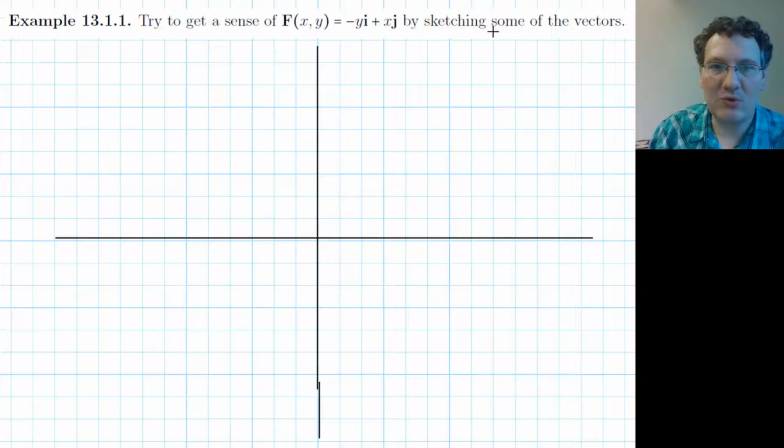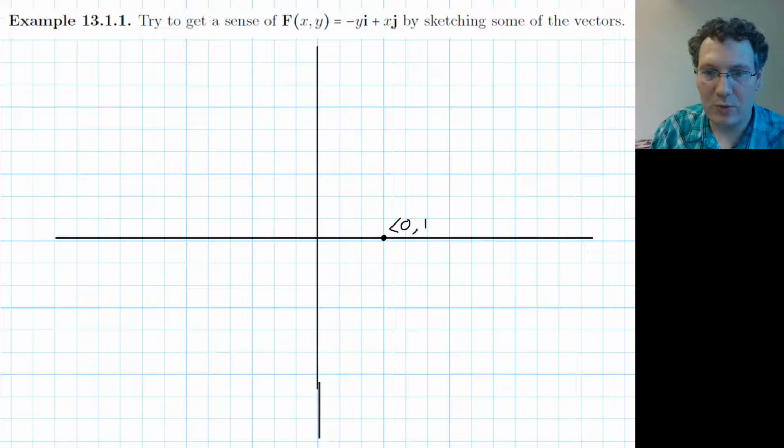So I'm going to plot a few points. Let's start with the point (1, 0). And the vector here is going to be the vector (0, 1). Okay, so I'm going to indicate that using a vector of that length coming out of that point.